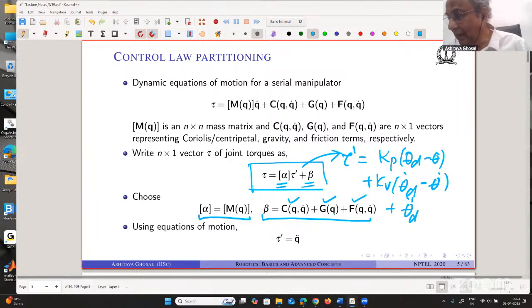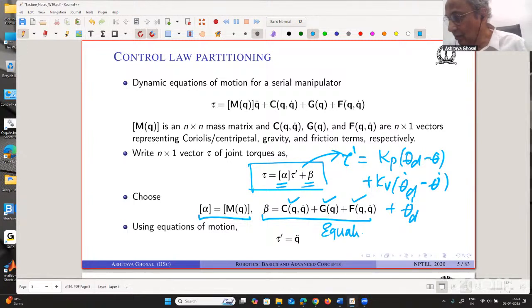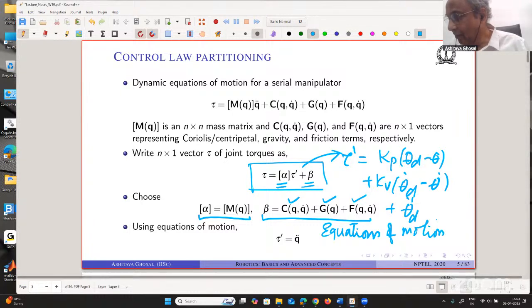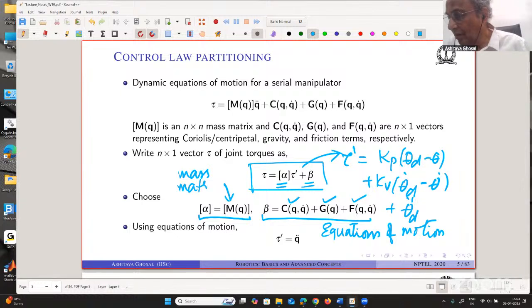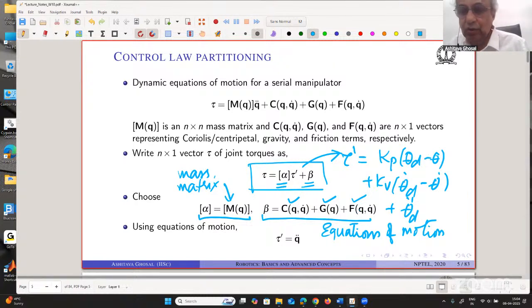And where do I get these terms from? This is from the equations of motion. So if you look at my previous slides, you derive the equations of motion. This is called the mass matrix, and this is the Coriolis term, the gravity term and the friction term. So this is known if you derive the equations of motion.